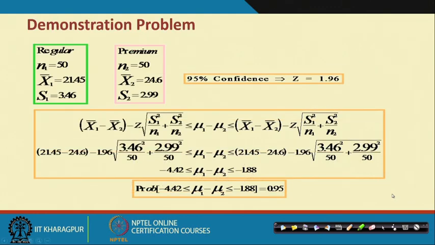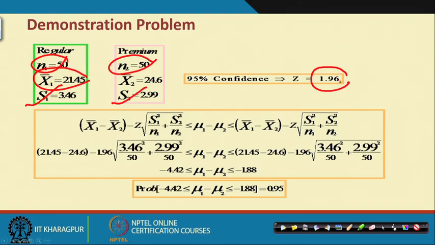So, this is the structure, and in this case again we are taking two different samples. The sample information is n1 equal to 50 and n2 equal to 50, x1 bar equal to 21.45 and x2 bar equal to 24.6, along with the standard deviations, and for the 95% confidence interval the z value is 1.96.